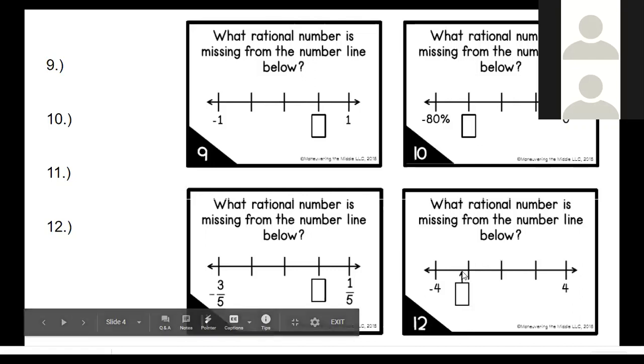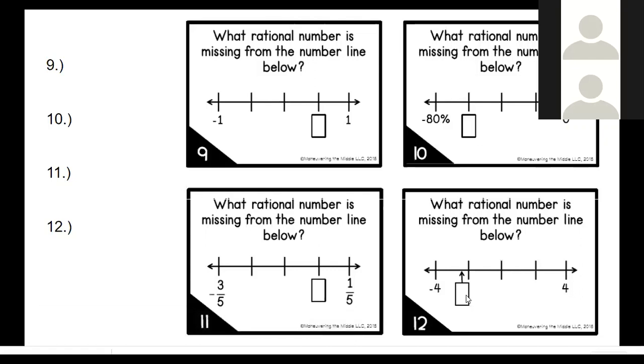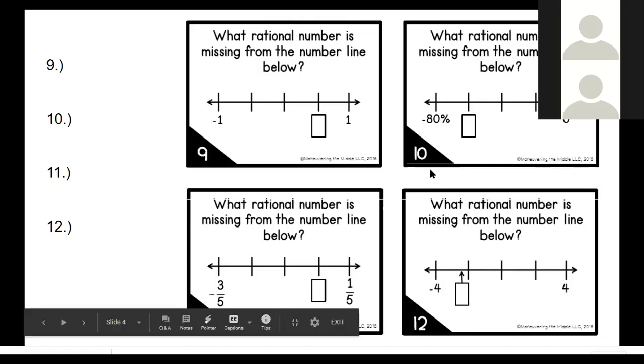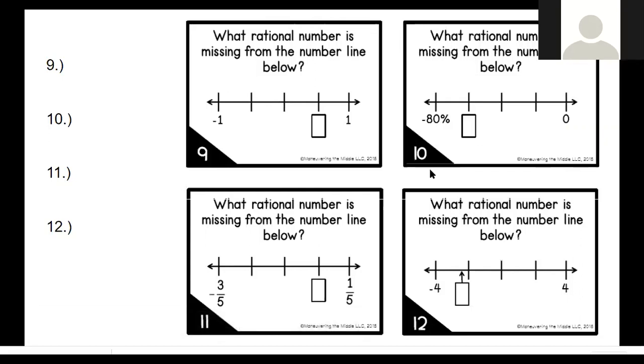It's going to be a little bit less than -2. If you gave me 2 and 1/4, 2 and 2/10, 2 and 25/100, all those would be correct answers based on that.